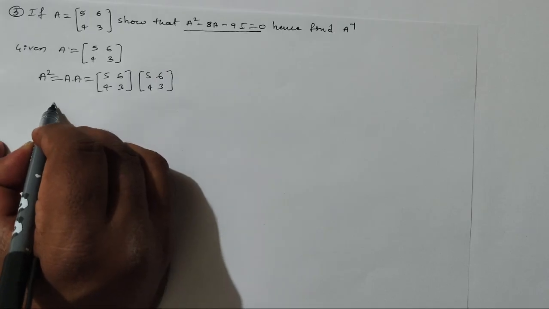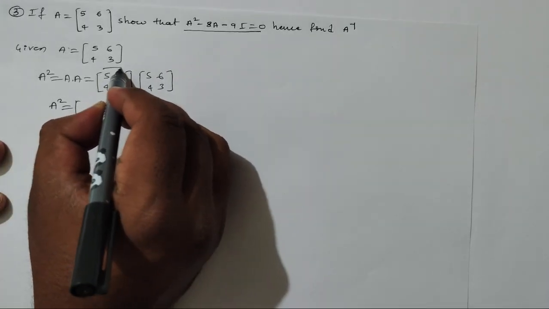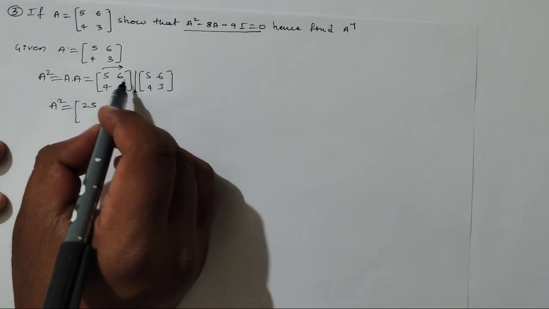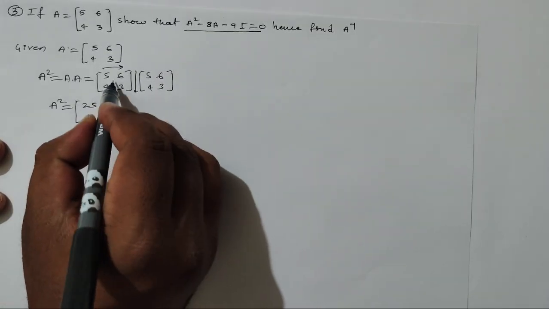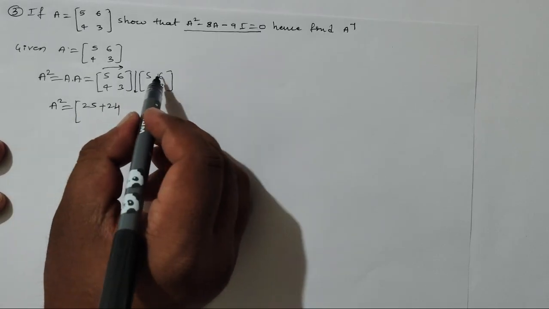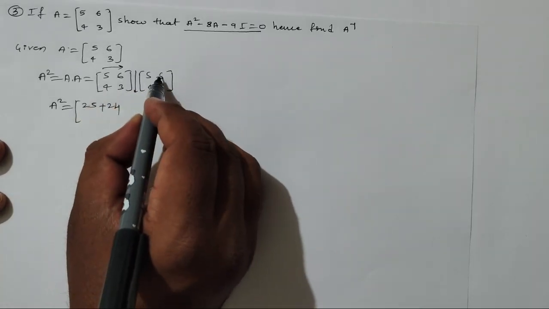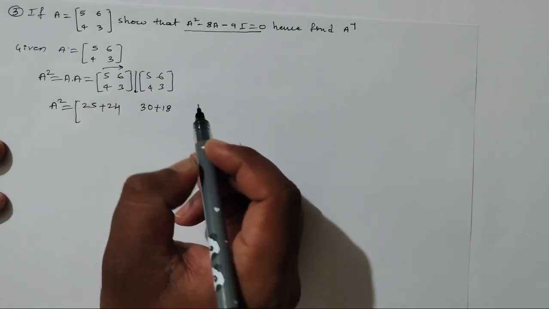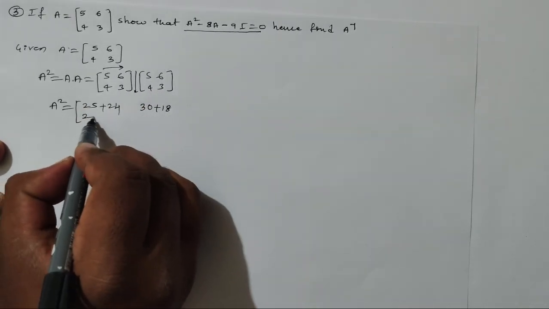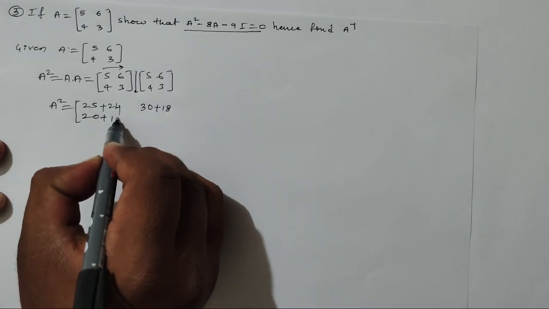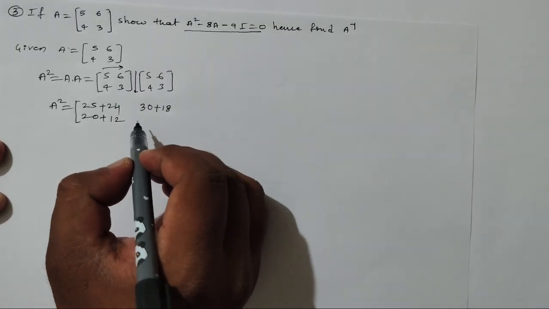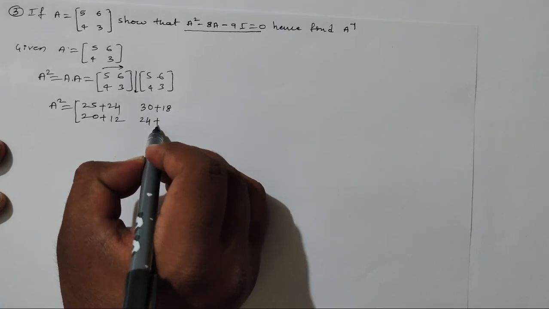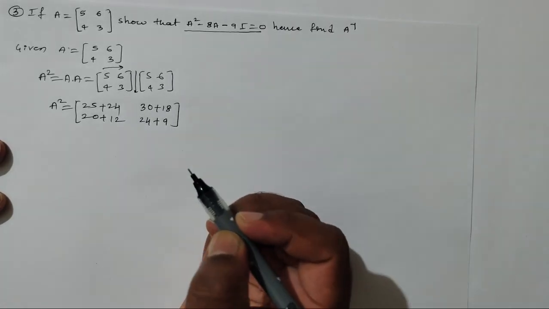Right. Then A square equal to rows into column, 5 5s are 25. Next 6 4s are 24. 5 6s are 30. Next 6 3s are 18. Next 4 5s are 20. Next 4 3s are 12. 4 6s are 24 plus 3 3s are 9, right?